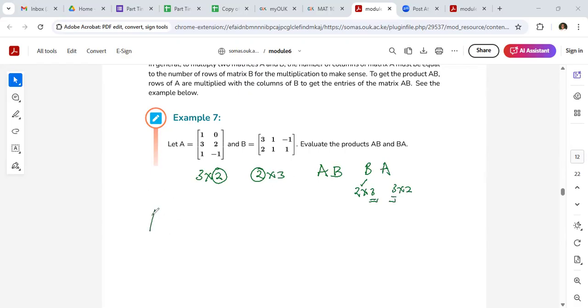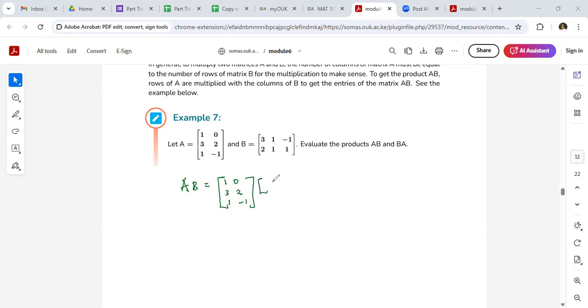So let's find AB in this example. So AB. I have 1, 0, 3, 2, 1, negative 1, 3, 2, 1, 1.